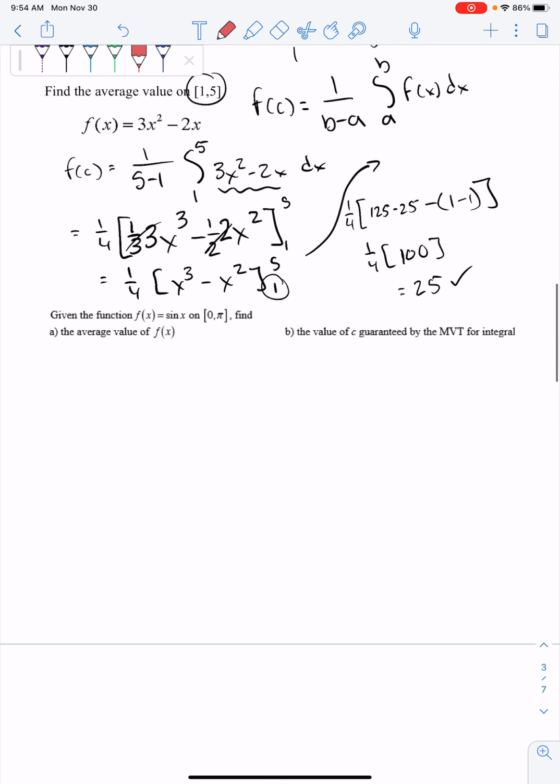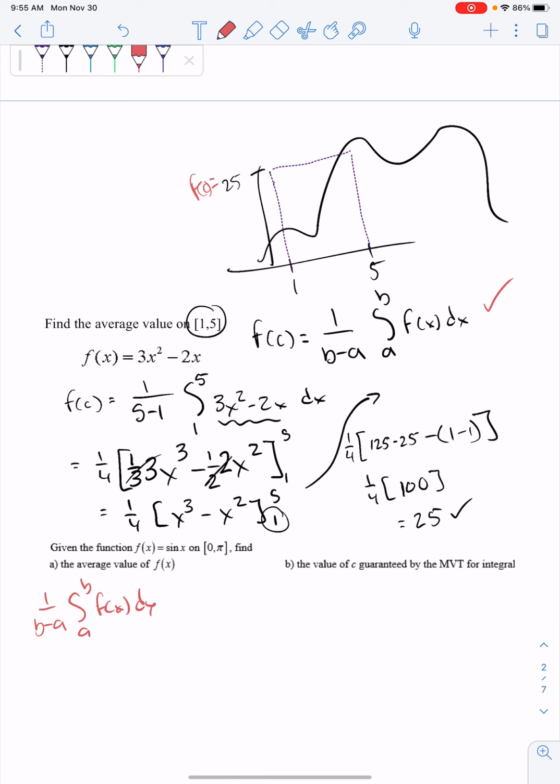Okay? So given the function f of x equals sine x from 0 to pi, find the average value of f of x, and then find what that c value is that guarantees it. Okay, so same idea. I'm using my 1 over b minus a times the integral of a to b of f of x dx, right? That same function that we've got right here.